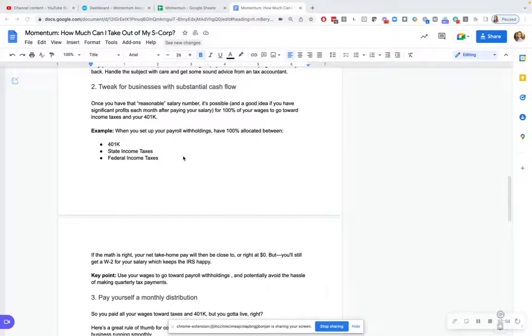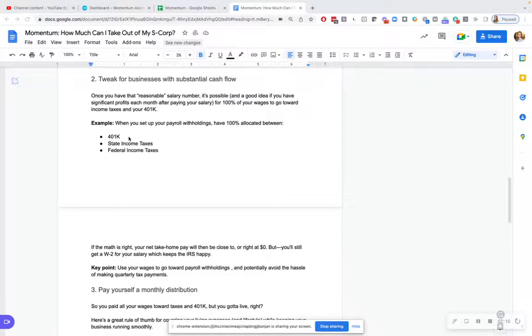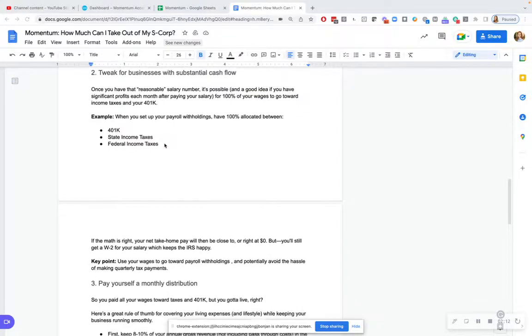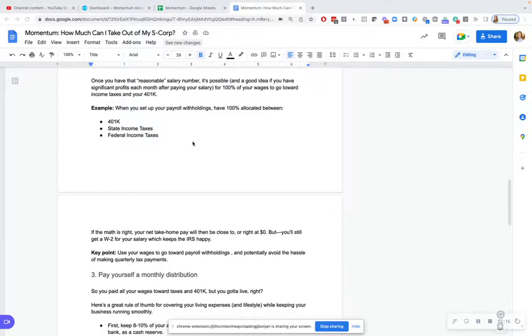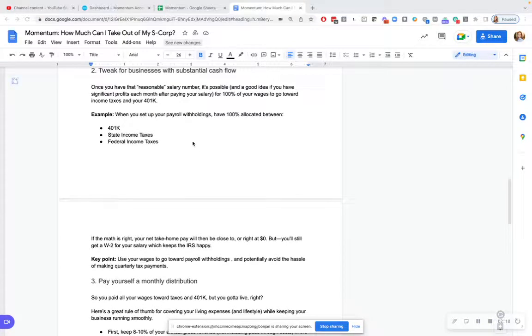So for example, if you paid yourself $100,000 in wages, you may have $25,000 of it go to your 401k, $50,000 of it go to your federal income taxes, and $25,000 go to your state. So work with your tax accountant on what those numbers can be, but basically your net paycheck take home would actually be zero because it's all going toward taxes and 401k.